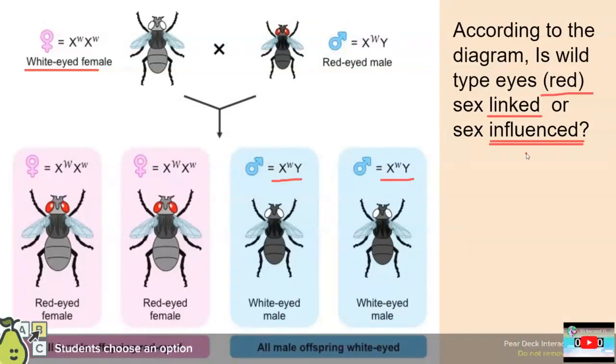Sex-influenced has more to do with hormones and the development of the animal. So for instance, a lion's mane is typically only seen on males, whereas this could be expressed on males or females. But it is expressed disproportionately on males because males only have one X chromosome, whereas females have two X chromosomes.